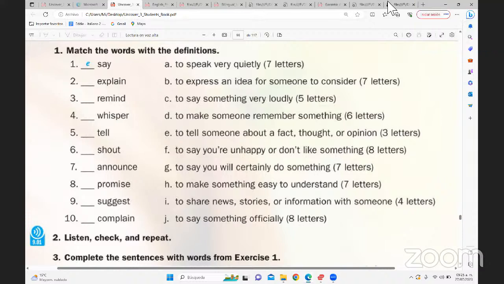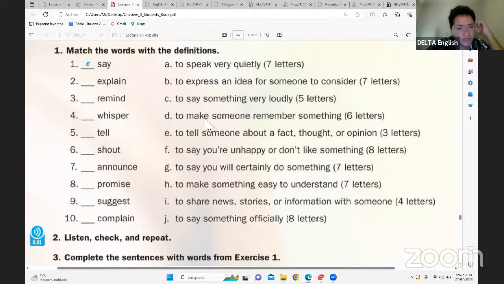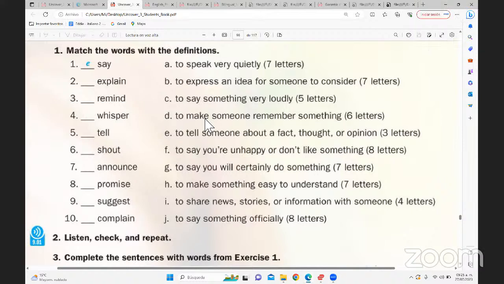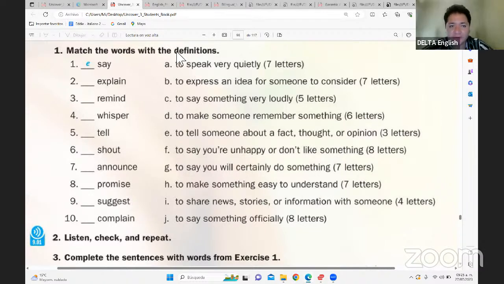Yes, explain is letter H, to make something easy to understand. Very well. That is the meaning of explain.